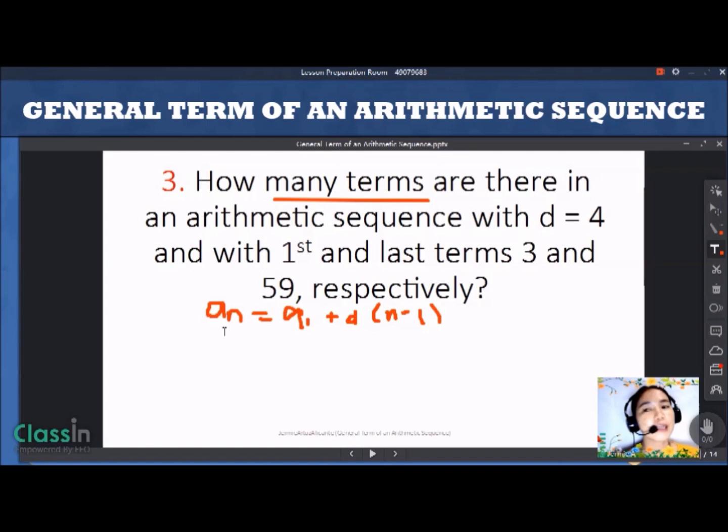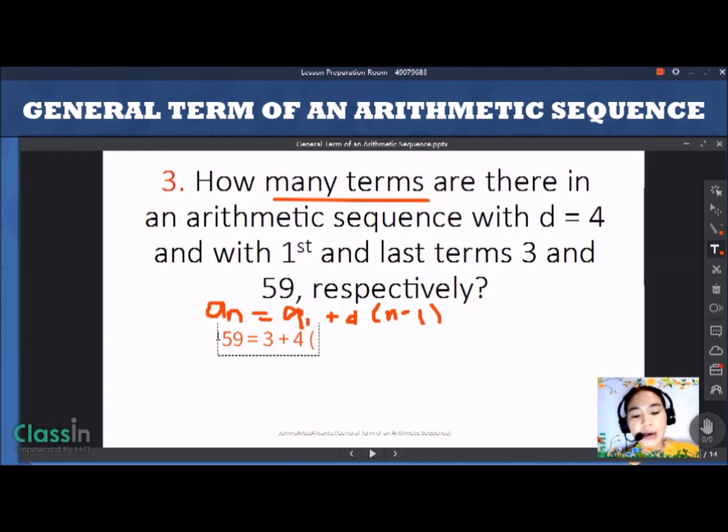What is our a sub n? This will be the last term or the general term. That will be 59, right? So we will replace this with 59 equals, what is a sub 1? It is mentioned that is positive 3. And then the common difference is mentioned also, that is 4.